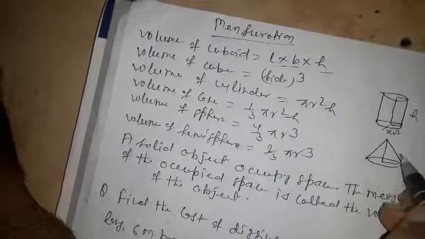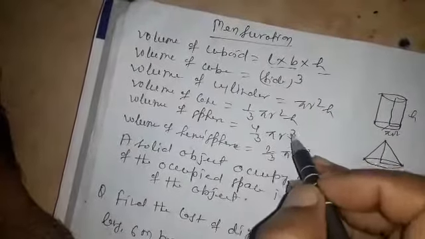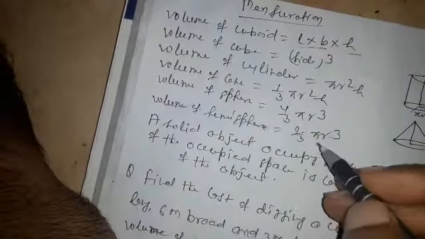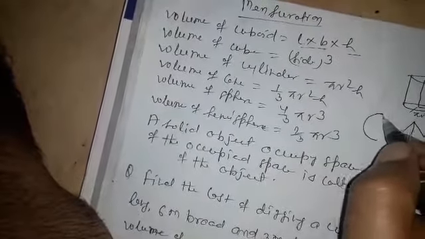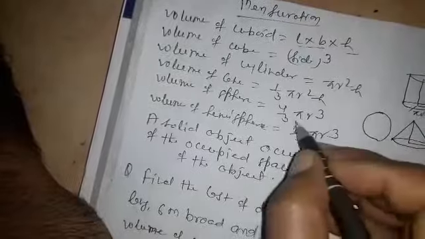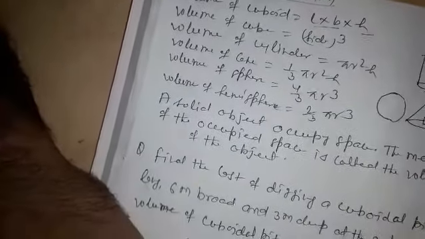So the volume of a cone is 1 by 3 of the volume of the cylinder. It means 1 by 3 pi r square h. Now the volume of a sphere is equal to 4 by 3 pi r cube, and the volume of a hemisphere is 2 by 3 pi r cube.